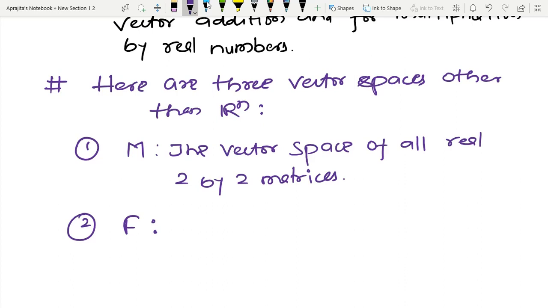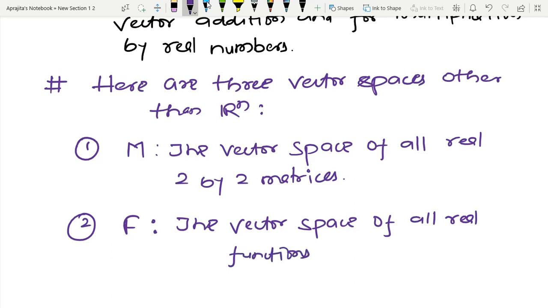This F is for function, and whatever F I am using for field, that is a little bit different than this F. So the F is the vector space of all real functions, that is denoted by Fx.